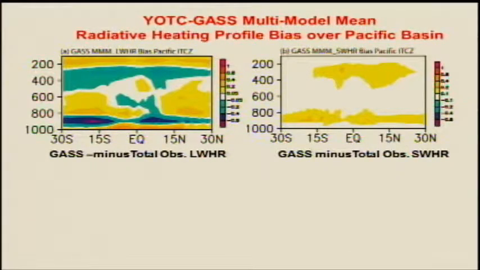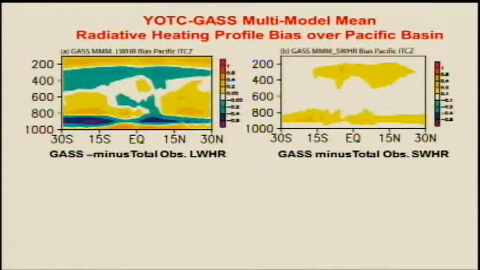However, for the ice part, we can focus more on this part rather than the lower part. We do see some warming and cooling, less cooling, too strong cooling, less cooling structure over the Pacific Basin. And this is a warming, so this is a shortwave bias.